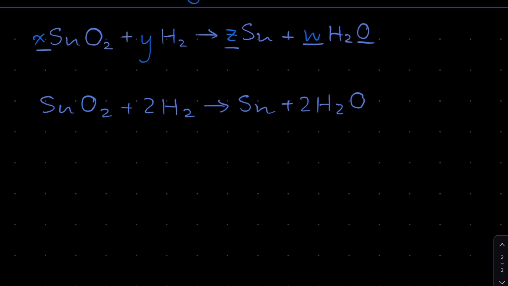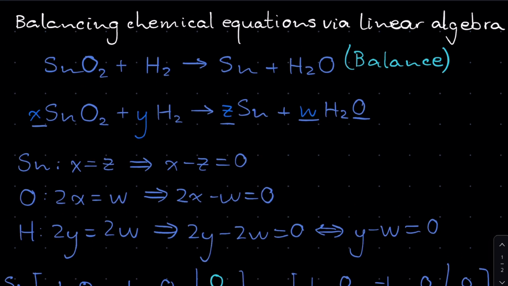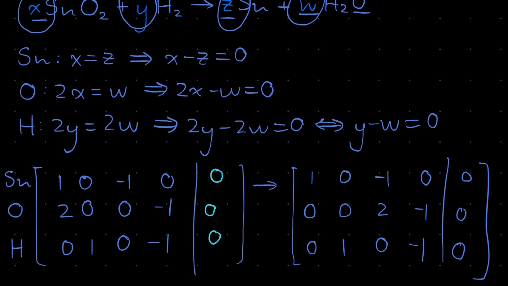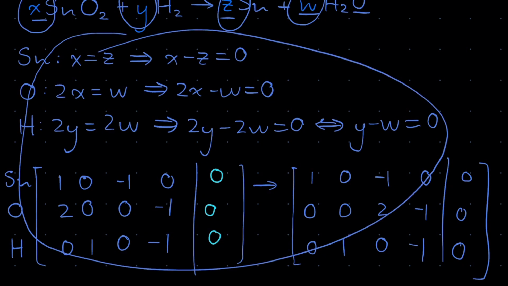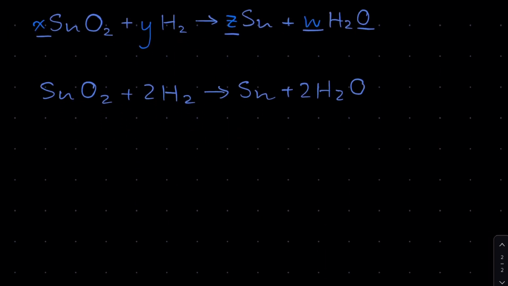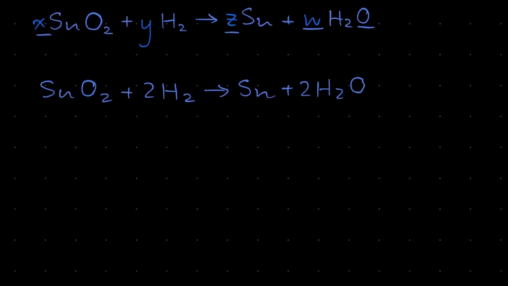So if you put every one of these steps into a computer, so about putting these coefficient variables out front, about converting this to a matrix system of equations, and converting this matrix into row echelon form, your computer can do this very fast. And in no time, if you plug in this chemical equation, it will just generate the answer for all of the coefficients in front of the reactants and products.